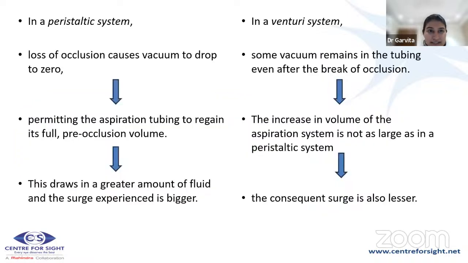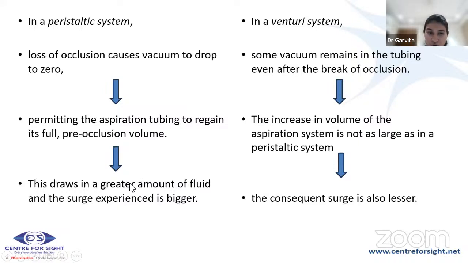In a peristaltic system, in comparison to a venturi system, we'll talk about both. In a peristaltic system, loss of occlusion causes vacuum to drop to zero. Then it will lead to permitting the aspiration tubing to regain its full pre-occlusion volume.